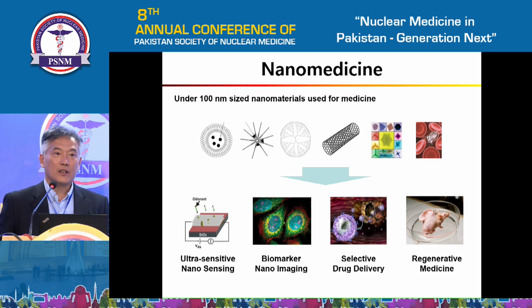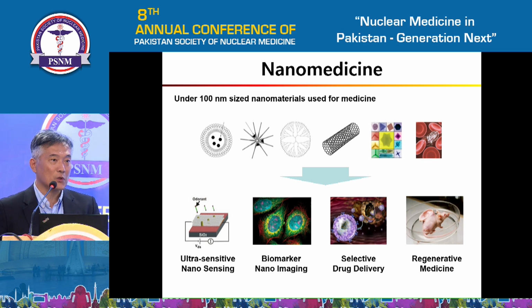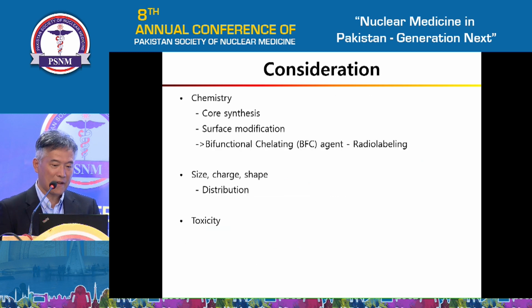Up to now, I think in vitro or sensing is commonly used for nanomedicine, such as ultrasensitive nanosensing, also biomarker nanoimaging, or sometimes drug delivery vehicle, and then sometimes we can use the regenerative medicine.